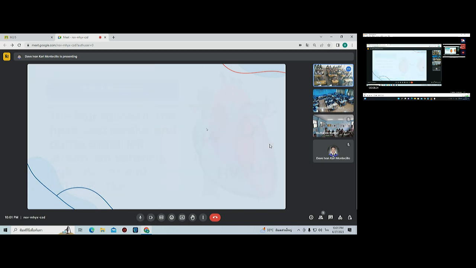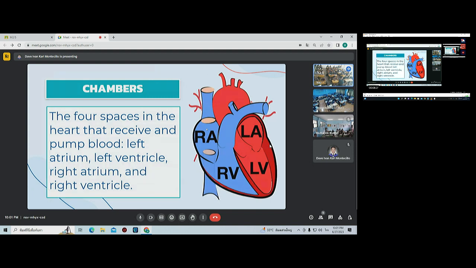We have 1, 2, 3, 4: the LA, the LV, the RA, and the RV. I will talk about later what those are. Again, how many chambers does our heart have? 4. Do not forget. What is the word? That is chambers.